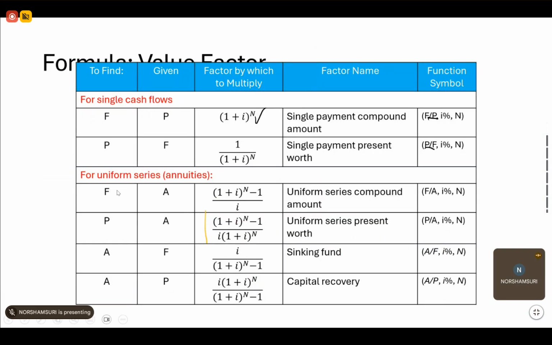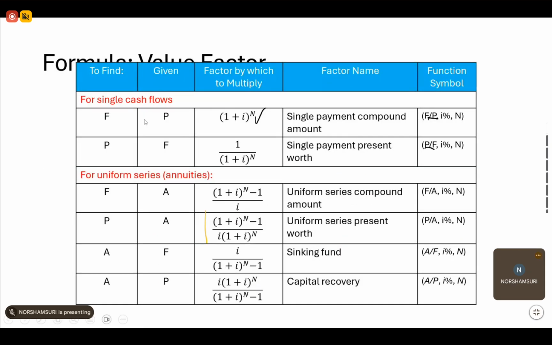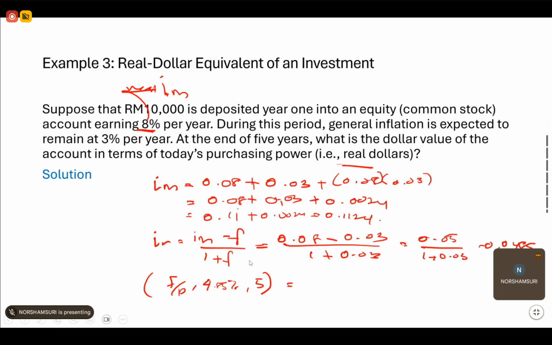So our formula is future over present. Future over present is one plus i over n, so it becomes 1 plus 0.0485 over 5, and then if it's 10,000, put 10,000 here.